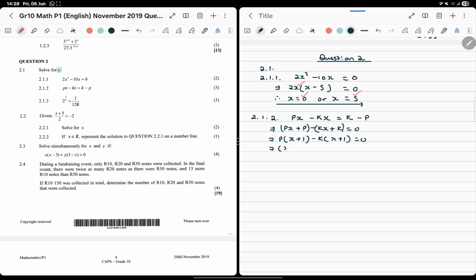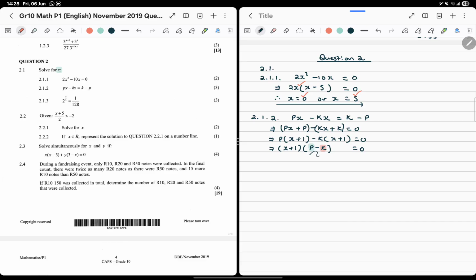So this is p into x plus 1 minus k into x plus 1 equal to 0. So we still have x plus 1 as the highest common factor, and what remains is p minus k equal to 0. So we will notice something, that these two are literally constants, right? And now if these are constants, it means they are like terms.